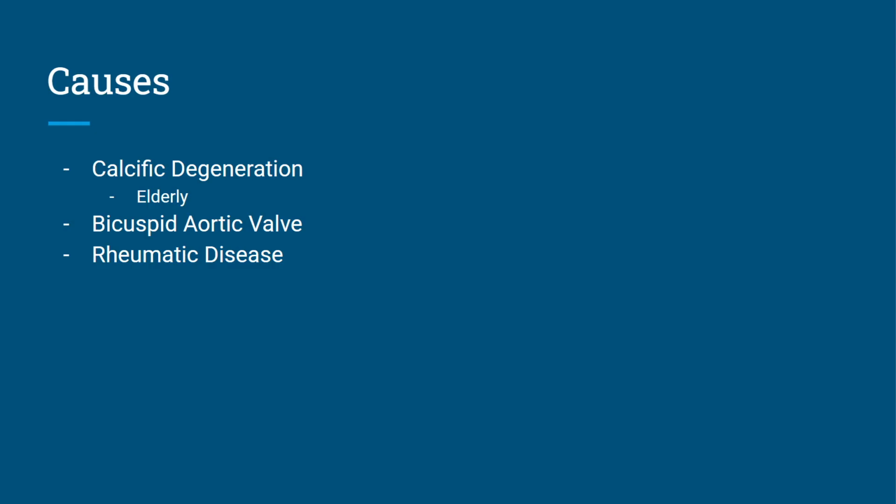So just know that aortic stenosis is fairly normal in older people, and it's usually pretty mild. But then once you have a bicuspid aortic valve, which is congenital and autosomal dominant, you will have aortic stenosis popping up in patients who are a lot younger than what you would expect.